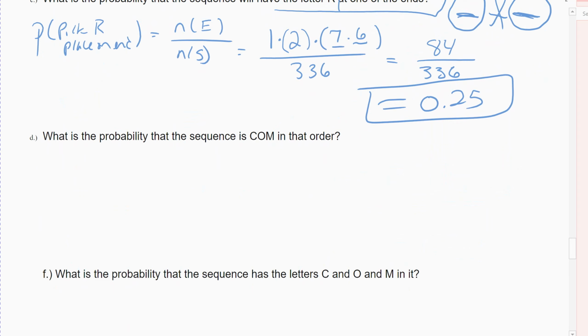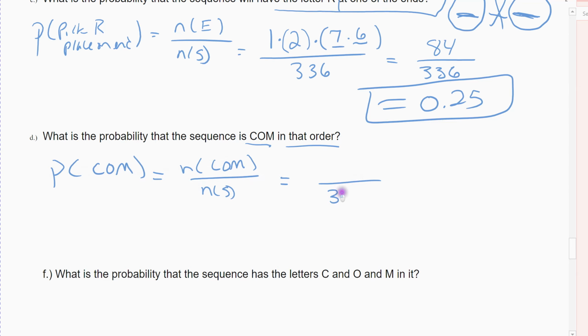Alright, next outcome. Find the probability you get the sequence COM in that order. So C in the first spot, O in the second spot, M in the last spot. So the probability you get COM is the number of ways to get COM over the number in my universal. Well, my universal was still 336.